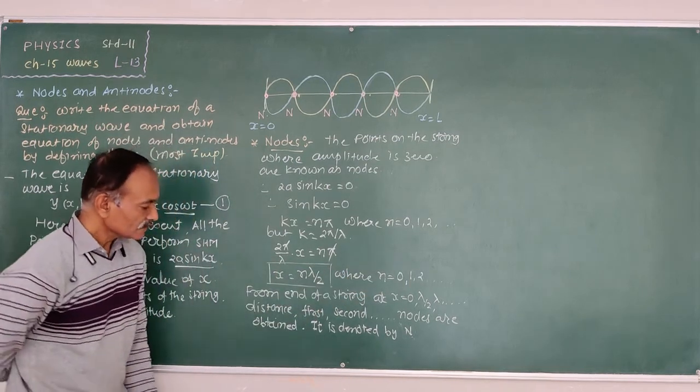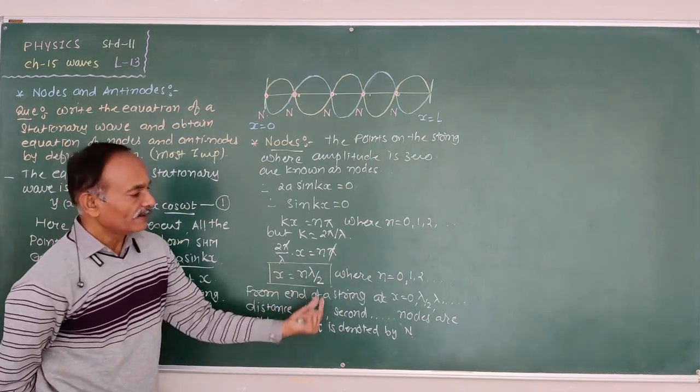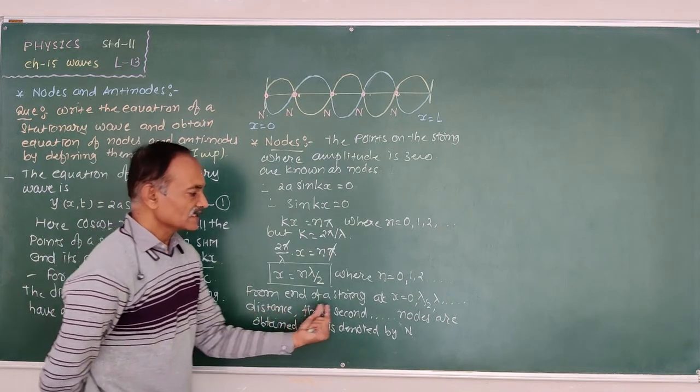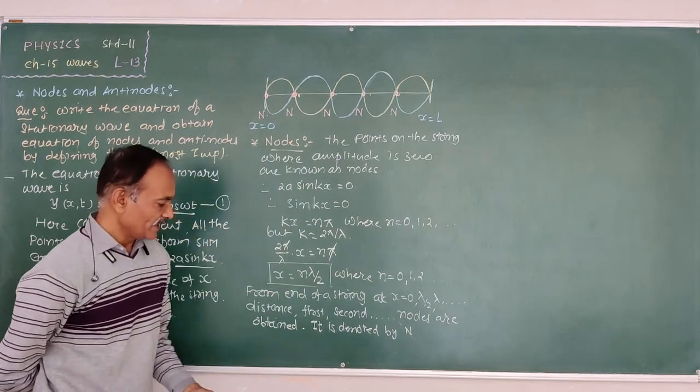Thus, from the end of the string at x is equal to 0, at lambda by 2, lambda, and so on, distance, the first, second, and so on, nodes are obtained.